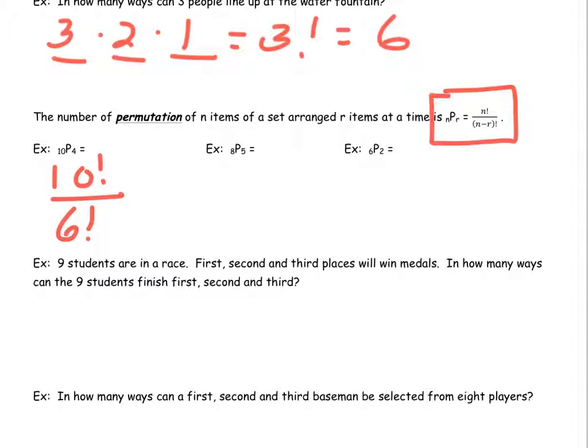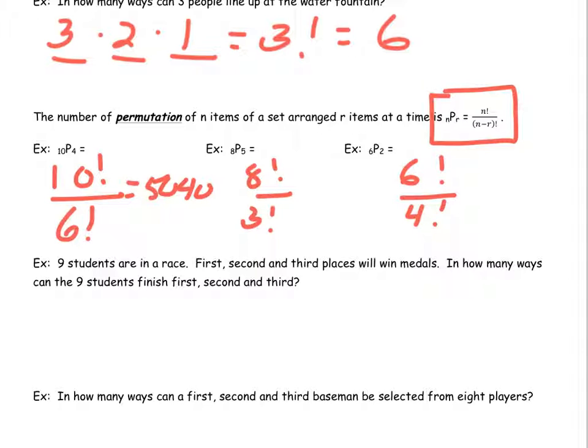And we can put that into our calculator and get 5,040 for that permutation. So 8P5 would be 8 factorial over 3 factorial. And 6P2 would be 6 factorial over 4 factorial.